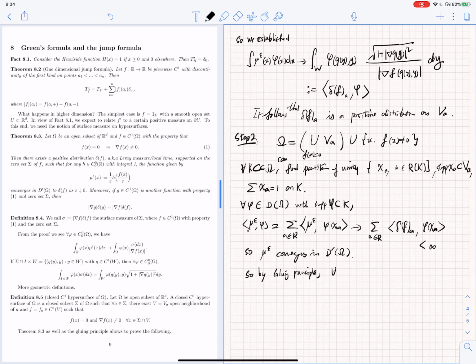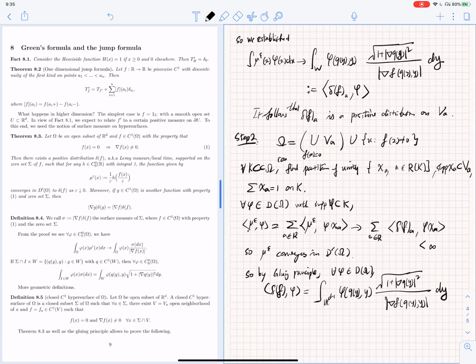it has to be the case that for any test function phi we have delta F applied to phi equals, now this is actually our d minus 1, the integral of phi of q of y times square root of 1 plus the Euclidean norm squared of gradient q of y, divided by the Euclidean norm of gradient of f of q of y, dy.